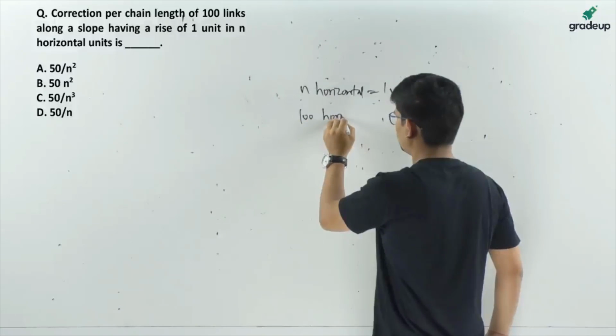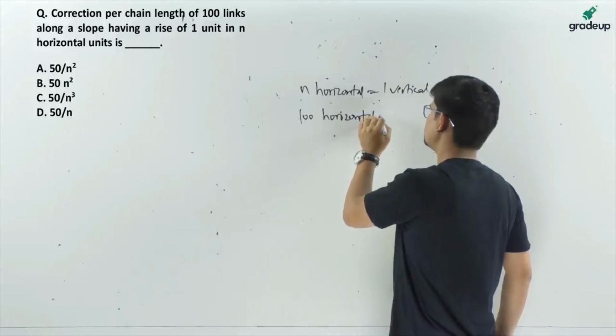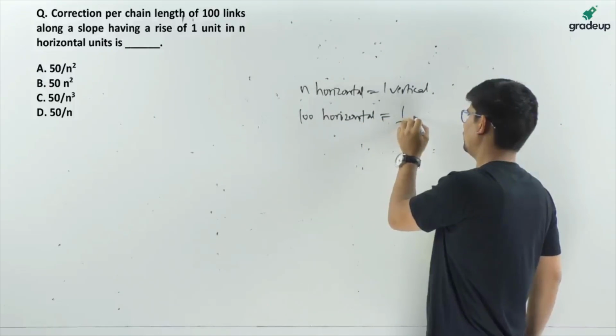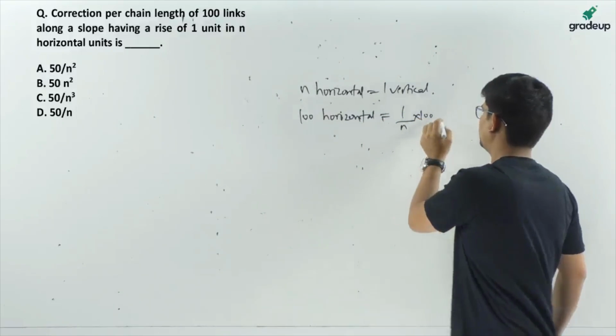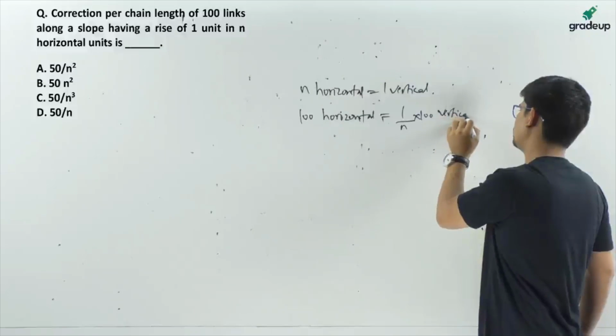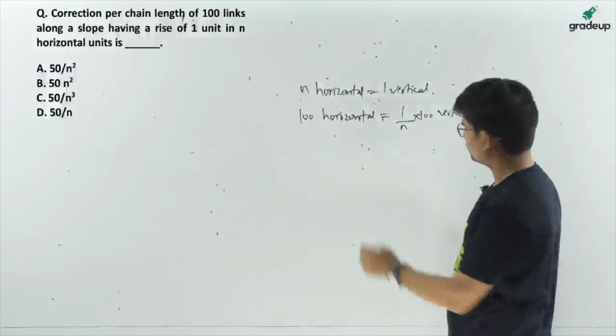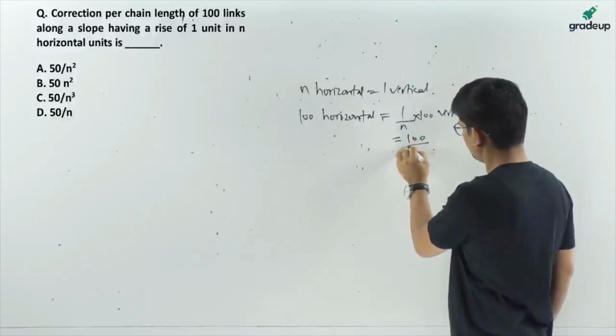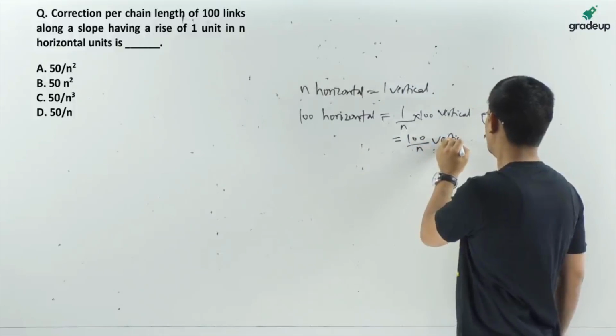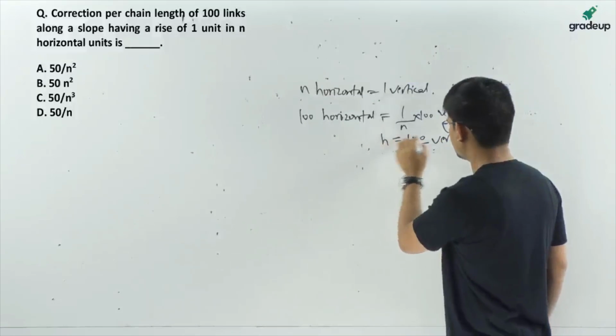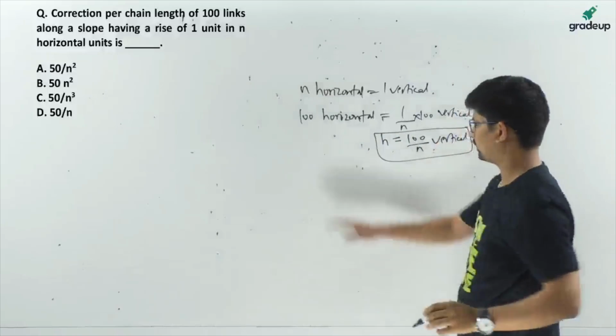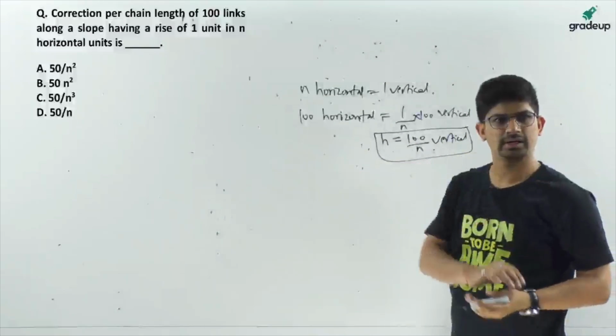So 100 horizontal is equal to 1 upon n into 100 verticals. So that is 100 by n vertical. This becomes the value of h for this much length, 100 links.